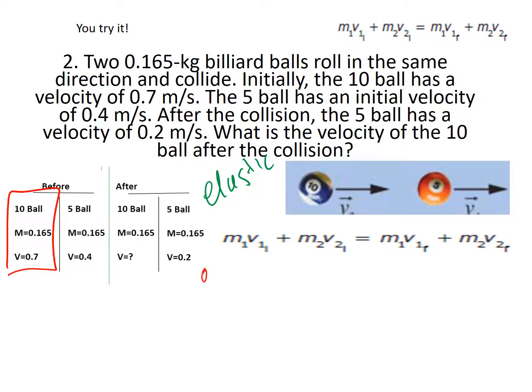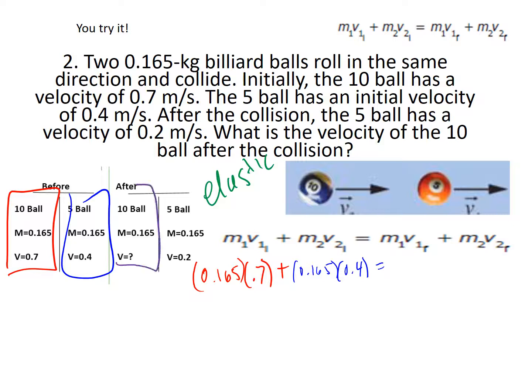So m1 0.165 times velocity is 0.7 plus the 5 ball is 0.165 times velocity is 0.4 equals my object 1 final, which is 0.165. I don't know the velocity, so I put v plus, and then finally the 5 ball, we do have all the info, is 0.165 times its velocity, which is 0.2.